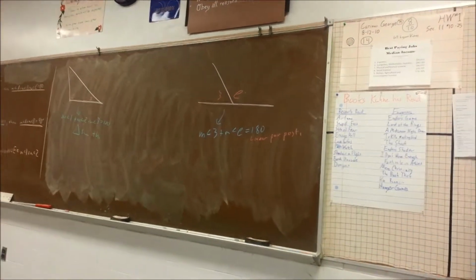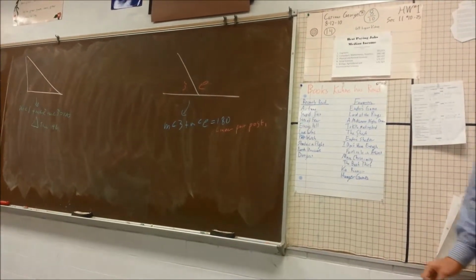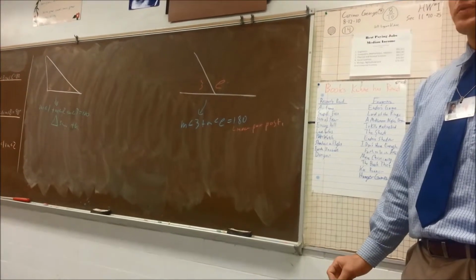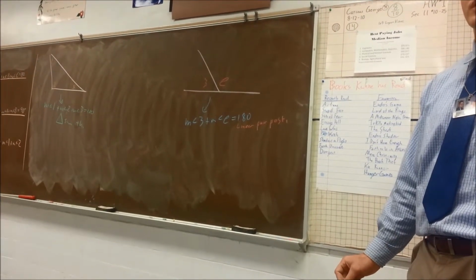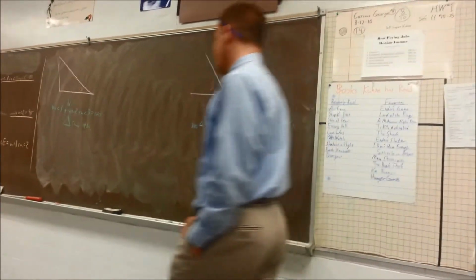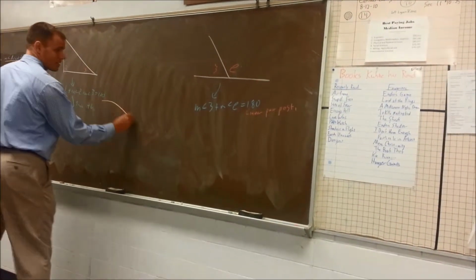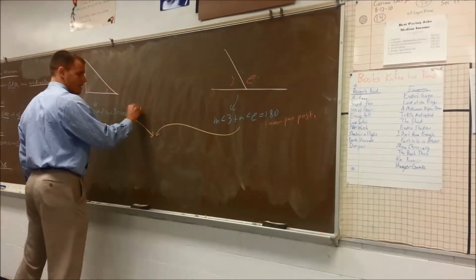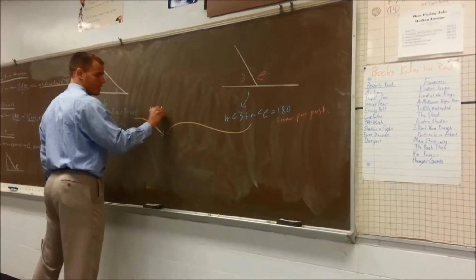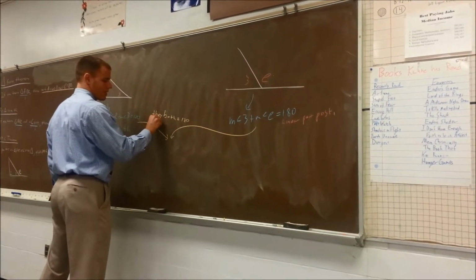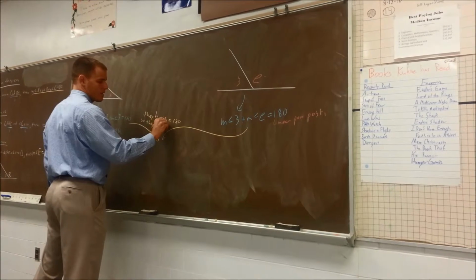Now the great thing about this is, Cat goes, oh my gosh, Mr. Kuhne, they both equal 180. If they both equal 180, then they have to be equal to each other. Yes. So that means, I'm going to come over here and say, they both equal 180, so they equal each other.